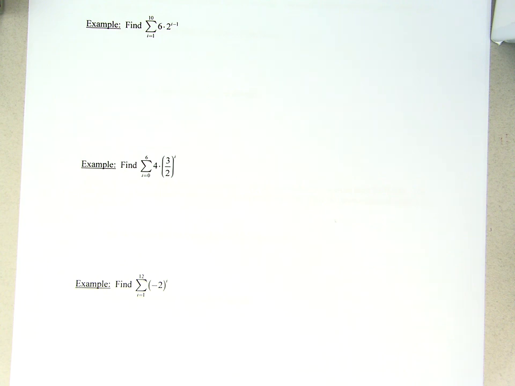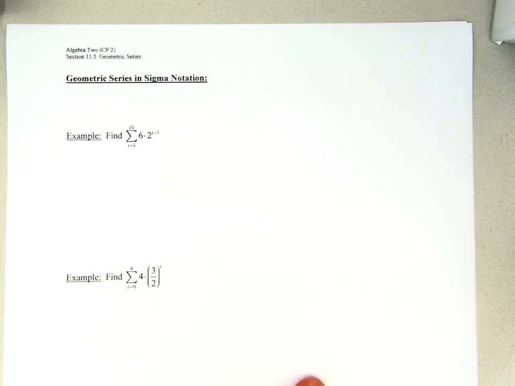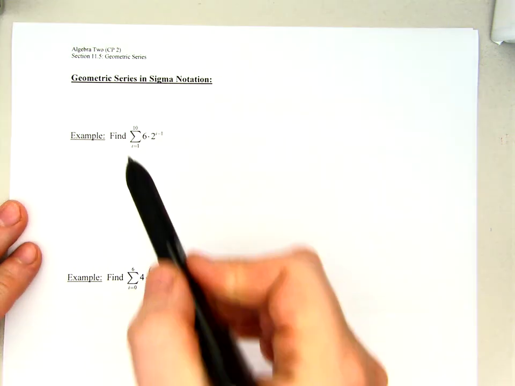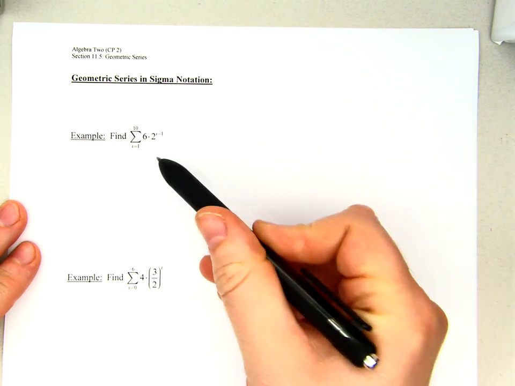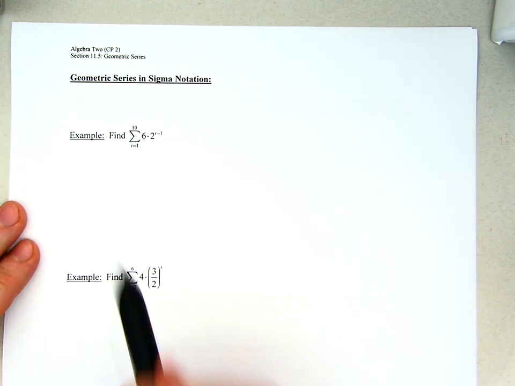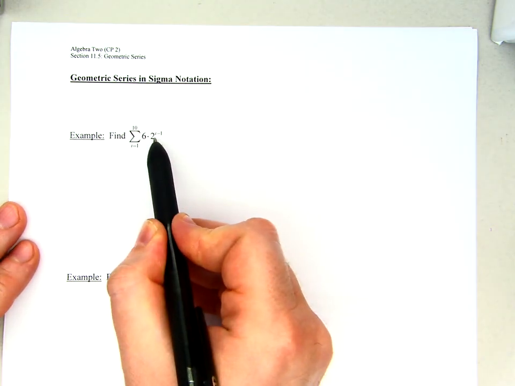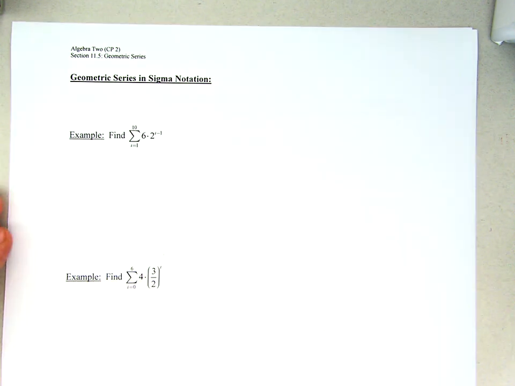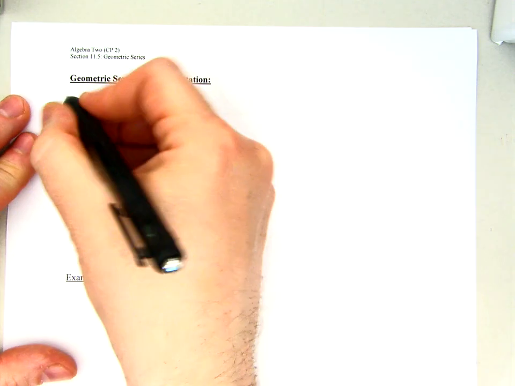The first thing we have to figure out is when will a series in sigma notation be geometric? All three of these are geometric. And what you should notice is here the variable is in our power. In fact, this is like an exponential function when our variable is in the power.